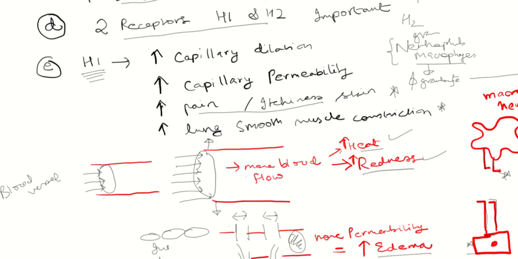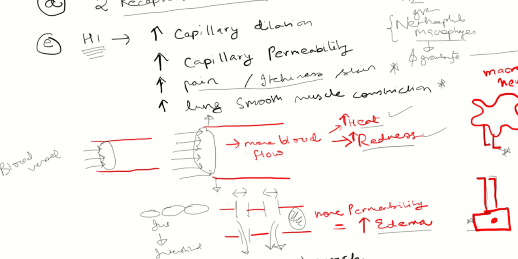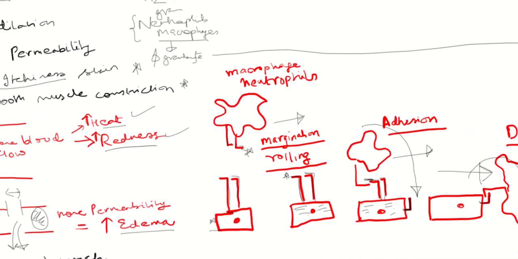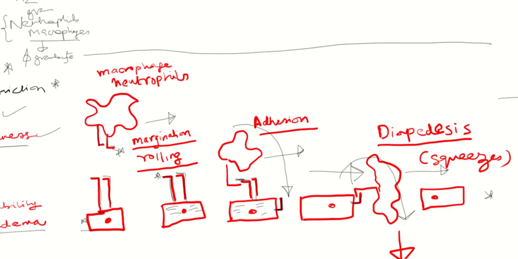And we also talked about how it attracts white blood cells with certain processes like margination, rolling, and then we talked about adhesion, diapedesis, which is the WBC actually squeezing through the gap.